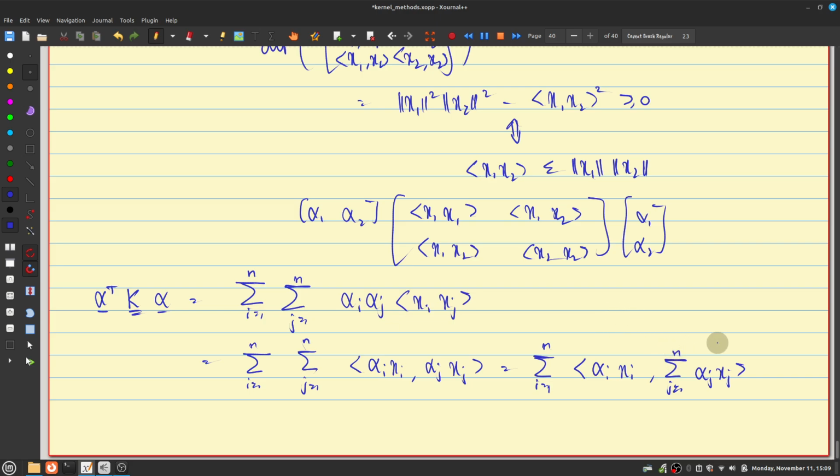Now this is some vector, and I have a linear expression in terms of the alpha i xi's. So this is equal to the inner product between the summation of alpha i xi and the summation of alpha j xj, which is what? It's just the 2 norm square of the summation over i equal to 1 to n of alpha i xi.